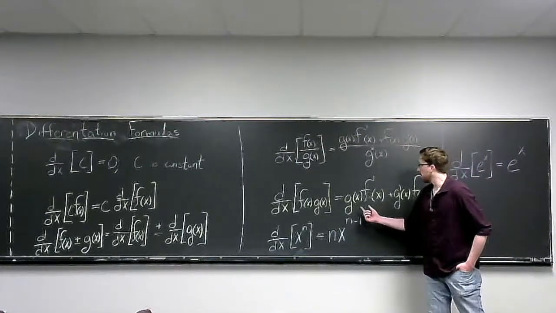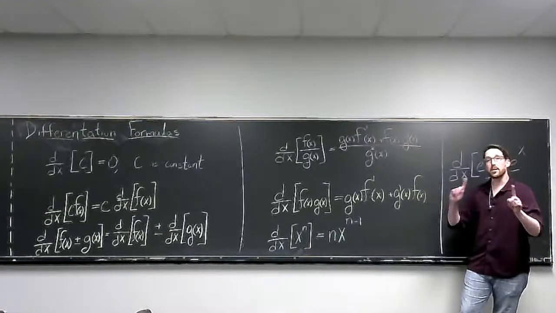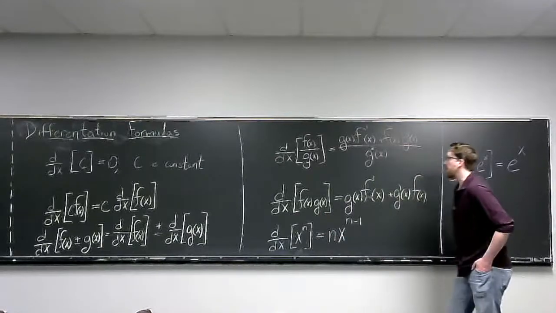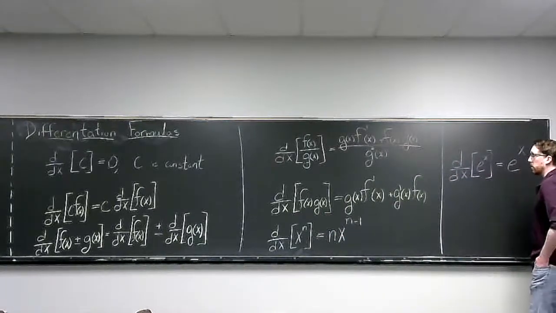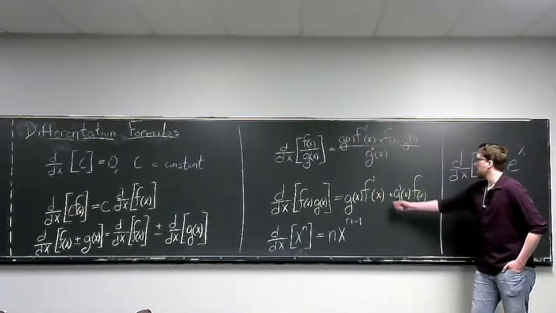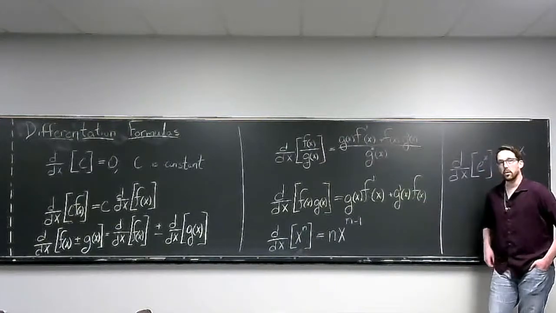But we are taking the derivative of each function, it's just at different times, right? So d dx of f of x times g of x is equal to g of x times f prime of x plus g prime of x times f of x.